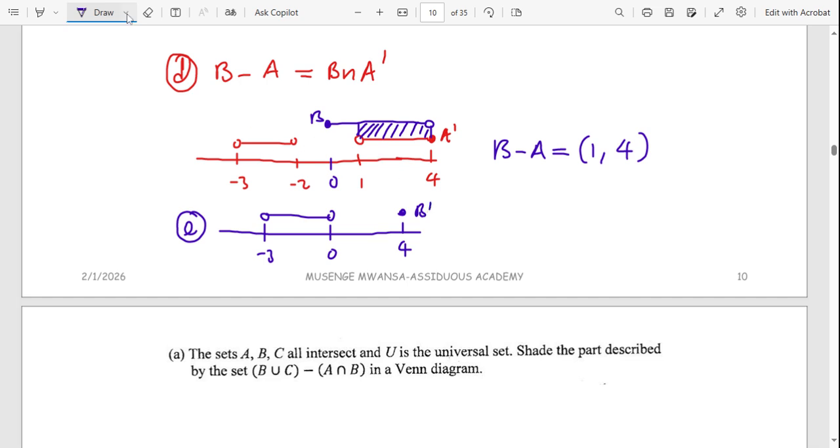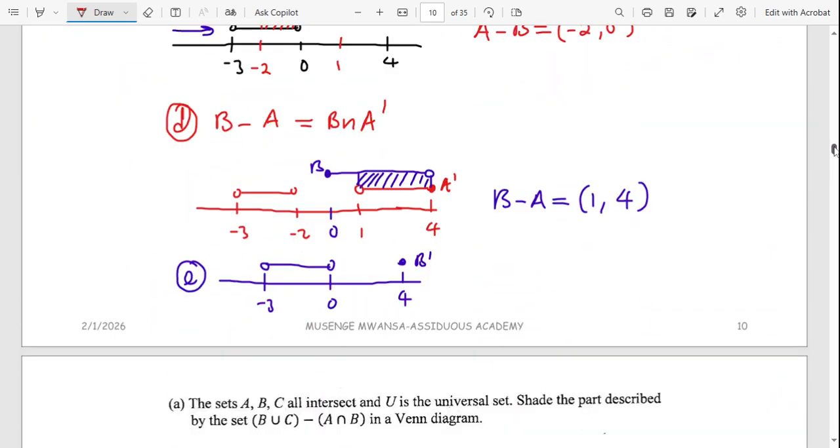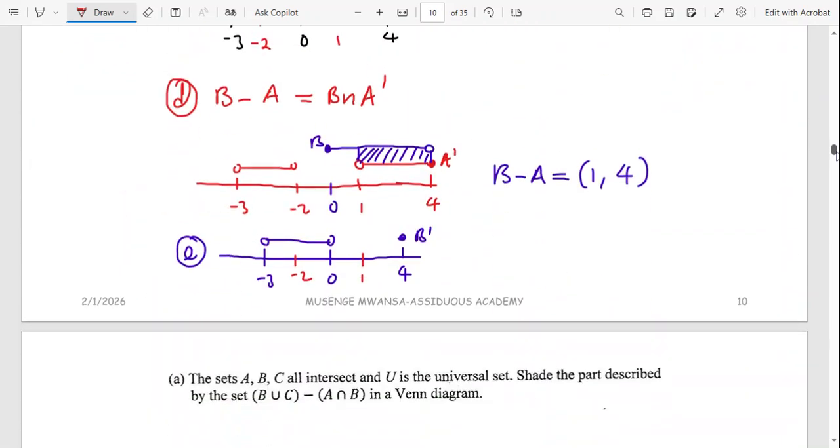This is B complement. And then we want union A. They said A is from negative 2 to 1. Negative 2 to 1. Which one is not being included? Okay, 1 is being included.